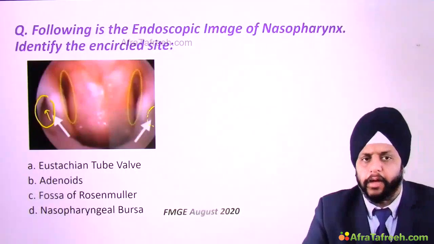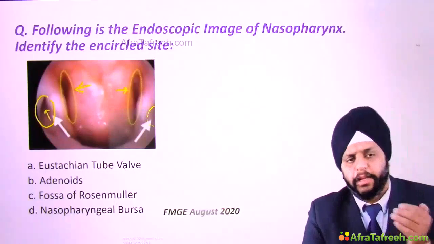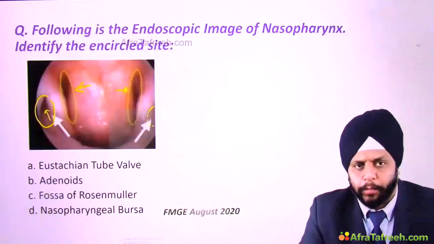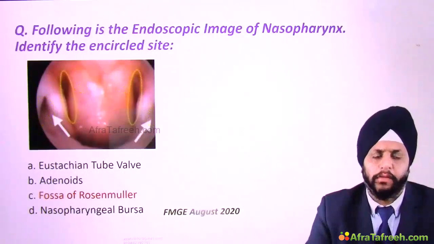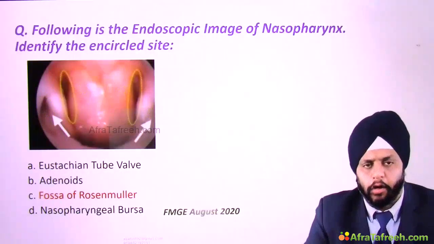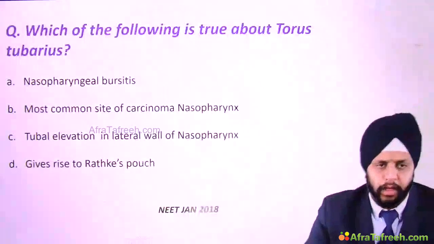They have marked it with the arrow, and they have encircled this place over here. So what is this place? Posterior superior to the eustachian tube opening, that we know is the fossa of Rosenmuller. So the answer to this question was fossa of Rosenmuller. Right? Okay, let's go to the next question.